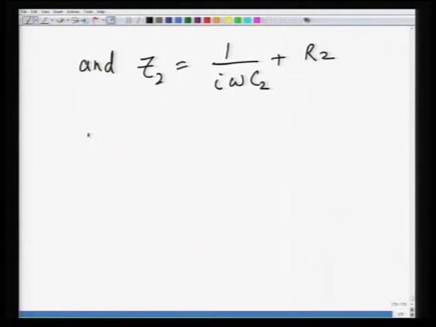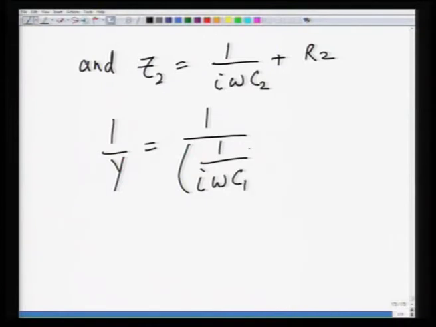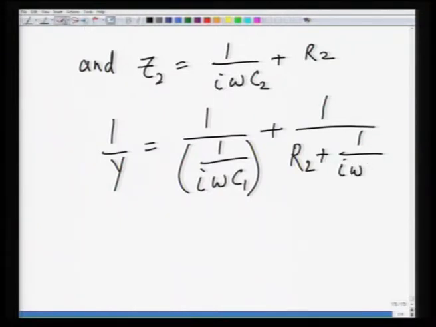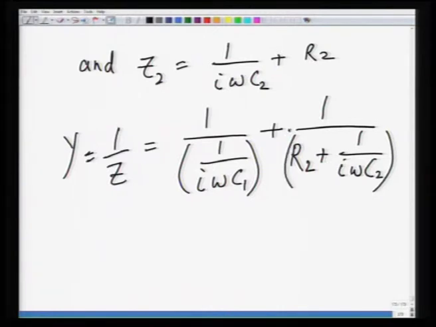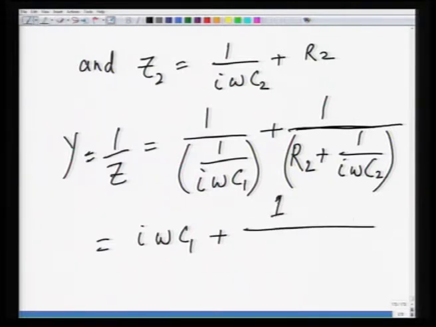Now, admittance will be equal to 1 over Z1 plus 1 over Z2, which means 1 divided by 1 over i omega C1, plus 1 divided by R2 plus 1 over i omega C2. So Y is equal to 1 by Z, and this can be rewritten as i omega C1 plus 1 divided by R2 plus 1 over i omega C2.